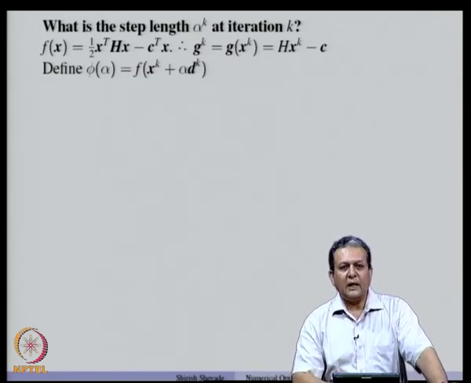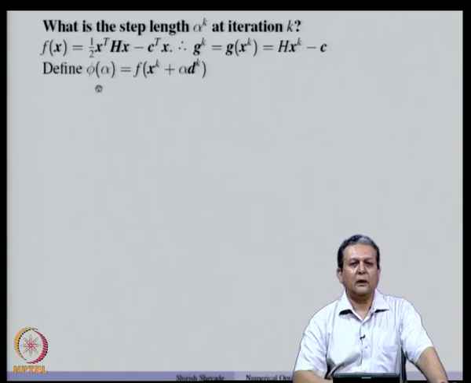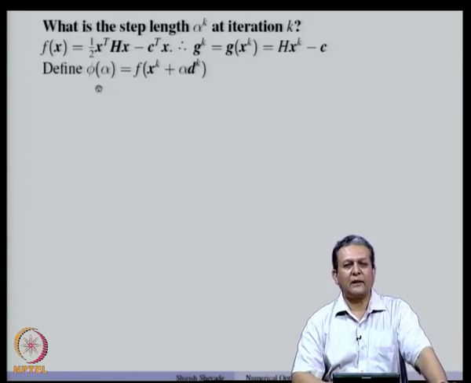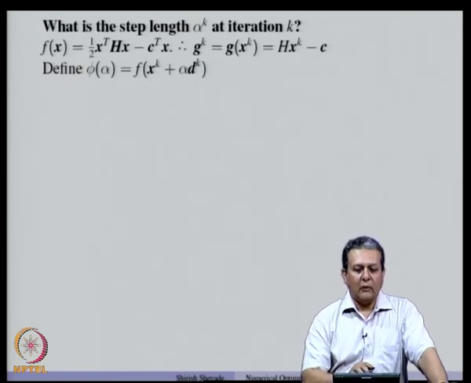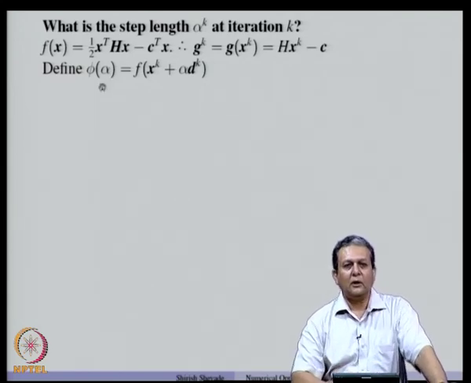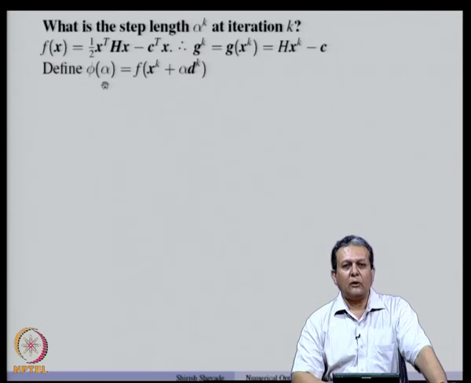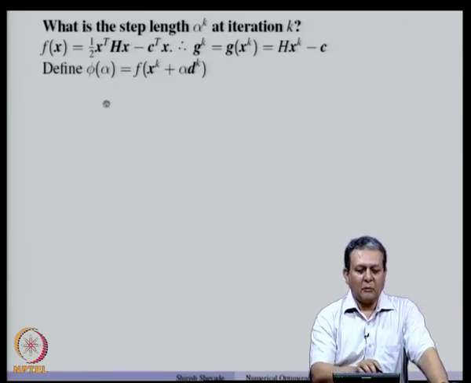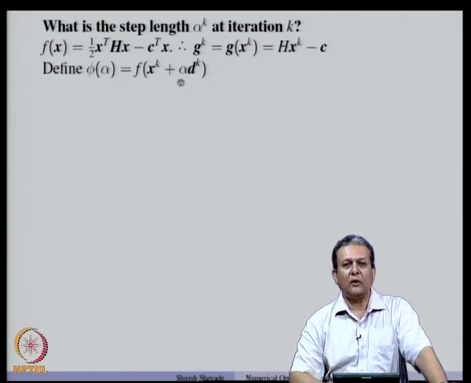Once we choose the direction, we need to find out the value of the step length. For that purpose, we define a function phi of alpha, which is f of x k plus alpha dk, and we want to find the positive value of alpha such that this function is minimized. That positive value of alpha which minimizes this function will be the alpha k for this case.